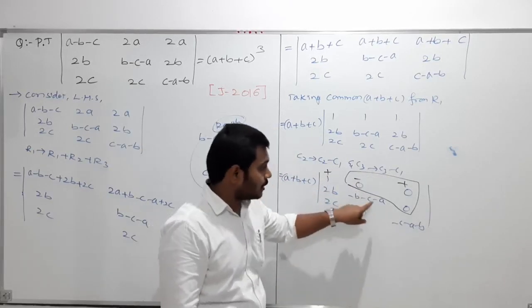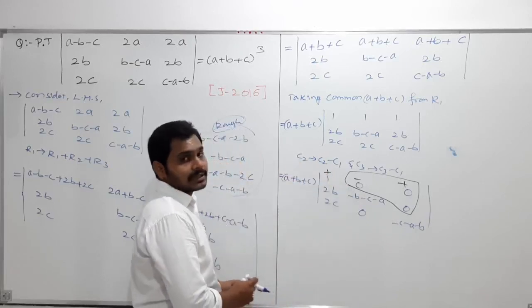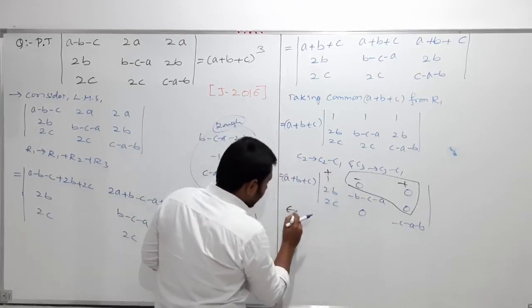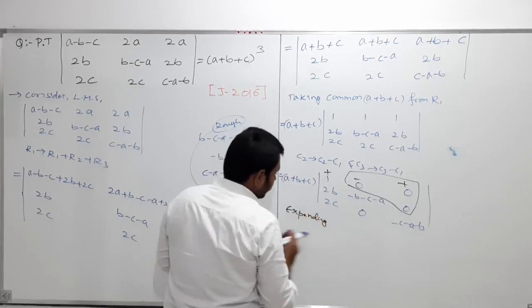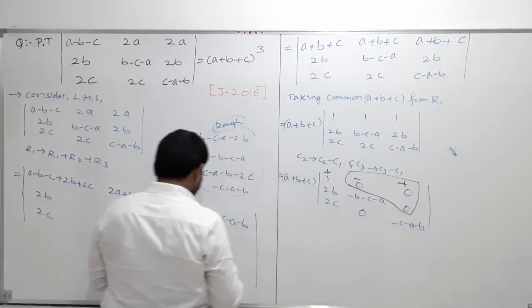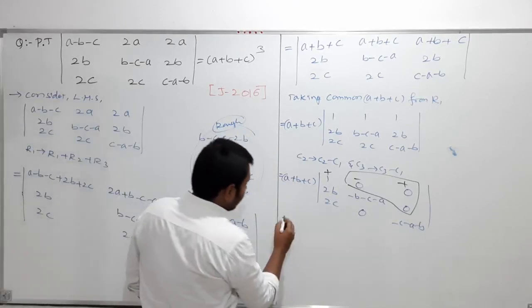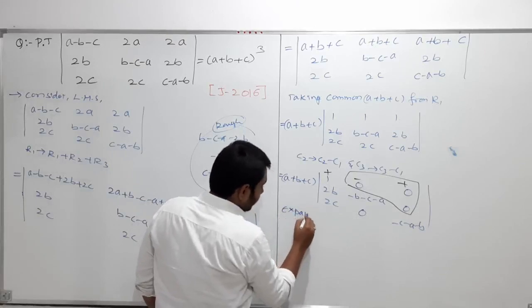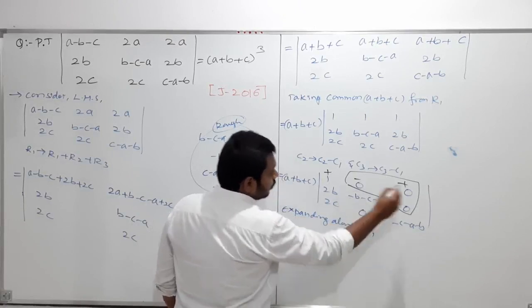So therefore this element into this element into this element, either you can use that result or I am going to use the regular method. So now, expanding along row 1, I expand.